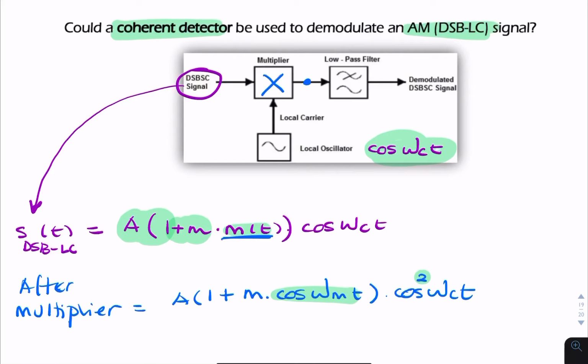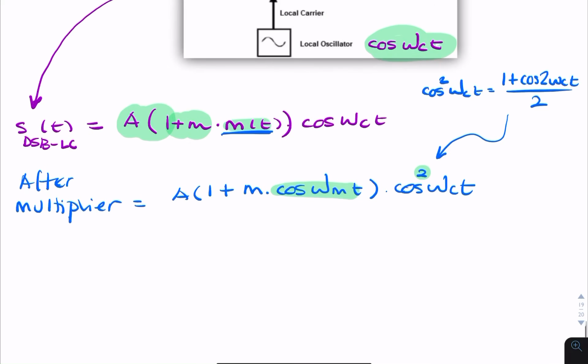Now, if you remember the identity, cosine squared omega ct can be rewritten as 1 plus cosine 2 omega ct, divided by 2. If we replace that there, that gives us A into 1 plus m cosine omega mt times 1 plus cosine 2 omega ct.